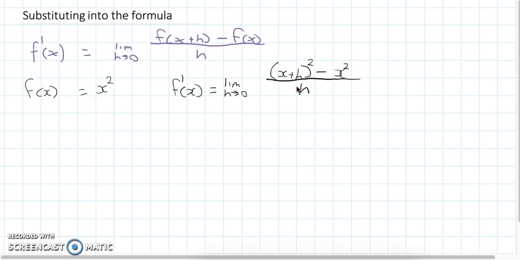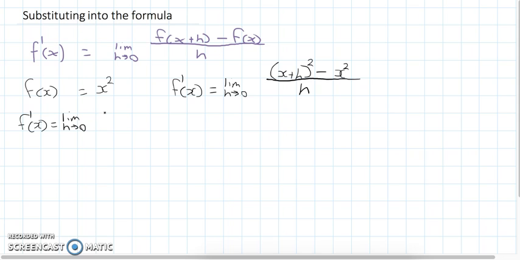So again, we've still got this h term here, so let's go through and work out how can we simplify all of this and get rid of this h. So let's expand out this x plus h squared and see what happens. So again, f dash x equals the limit as h tends towards 0.